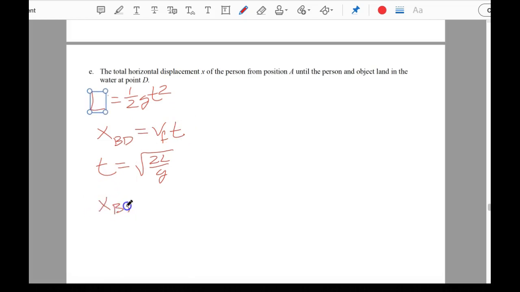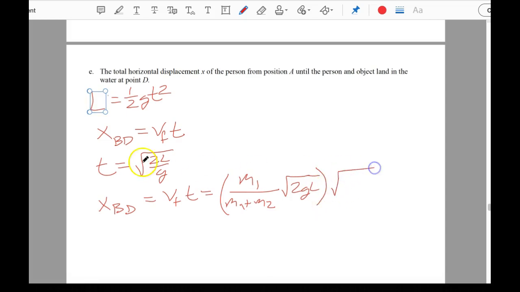So this is XBD is equal to the final velocity times time, which is equal to, and yes, we got to put this in again, m1 over m1 plus m2 times the square root of 2 times gravity times length, and then we have to multiply that times what we have for time, which is the square root of 2 times L over g.